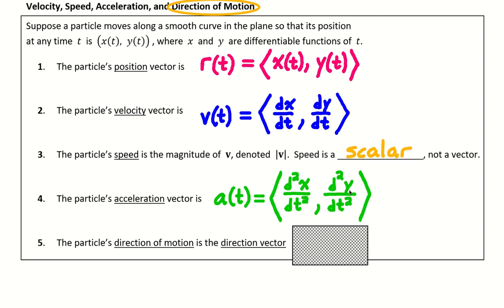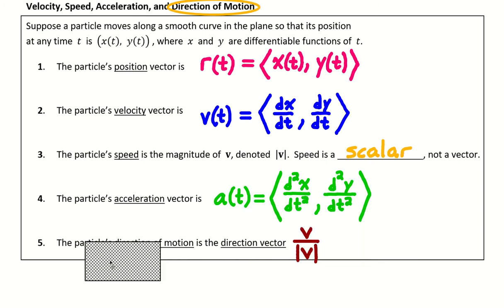And then the acceleration would be obviously the second derivative, x double prime, comma, y double prime. Now, the direction of motion, again, you should make special note of this. This is a very special term, the direction vector. But the quote-unquote direction of motion, you calculate by doing the actual velocity vector divided by the magnitude of that vector.